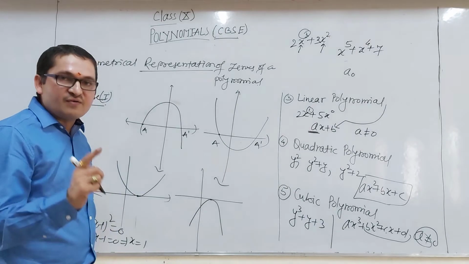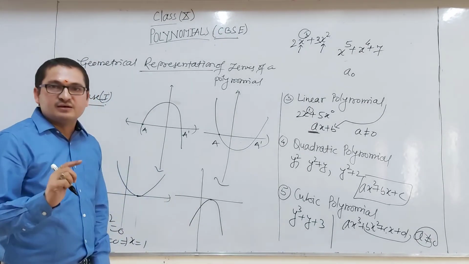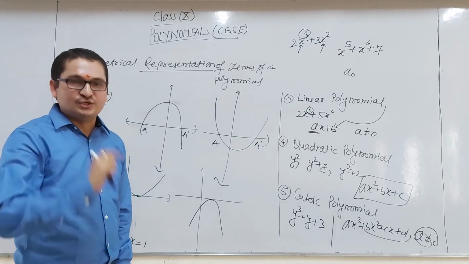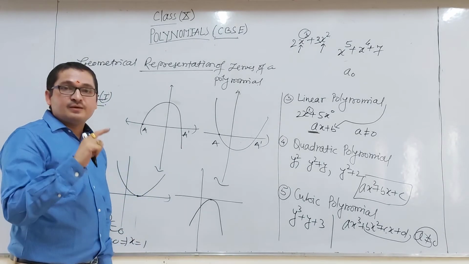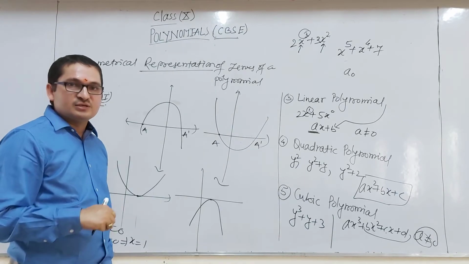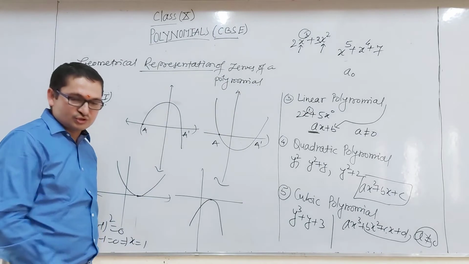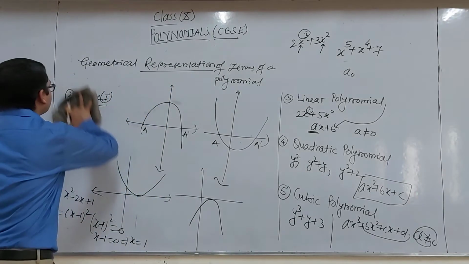If the graph touches the x-axis at a point, the polynomial will contain 1 zero. If the graph intersects the x-axis at 3 points, then that polynomial will contain 3 zeros.